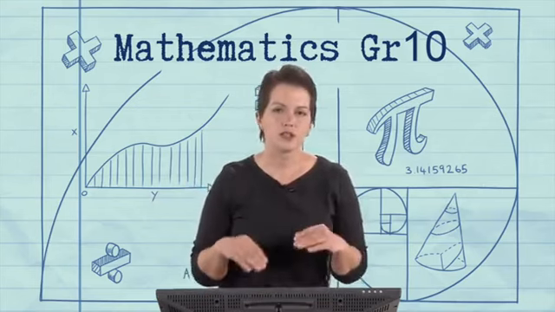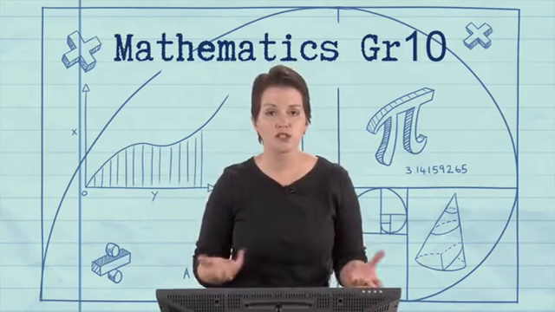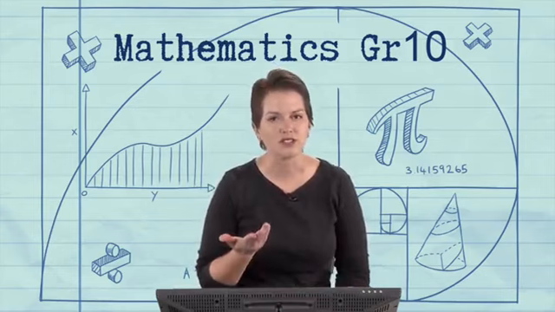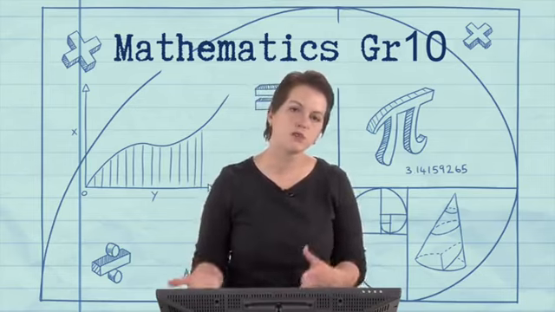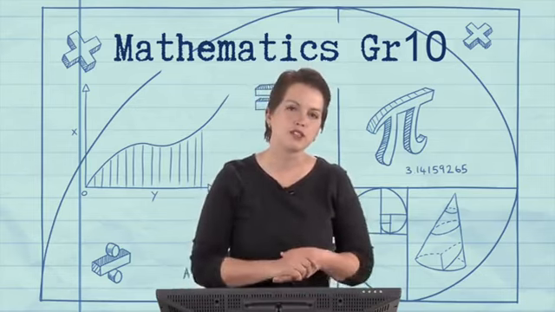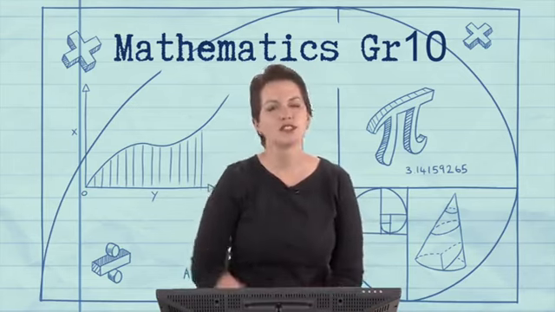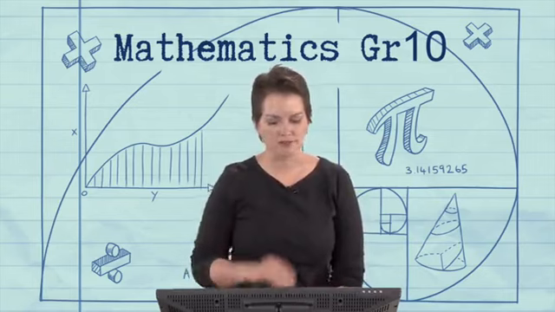So in our formula, we're going to have a couple of squareds and we're going to have a square root. Why do you think we have a square root? Well, it's because we don't actually want the length of the hypotenuse squared. We just want the length of the hypotenuse.